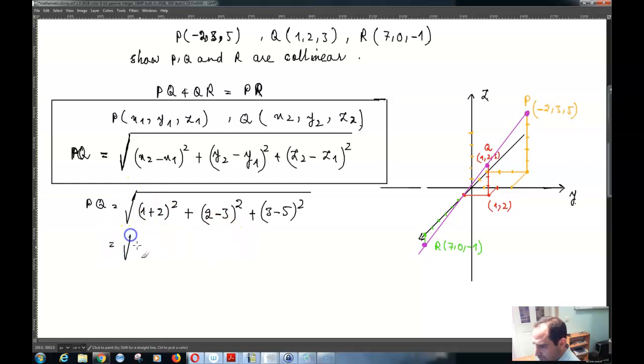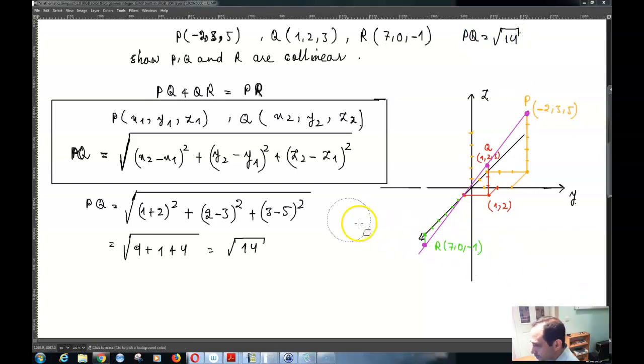And that is equal to 3 squared, which is equal to 9. Negative 1 squared is equal to 1. And negative 2 squared is equal to 4. So 5 plus 9 is equal to 14. So that's square root of 14. So PQ is equal to the square root of 14.